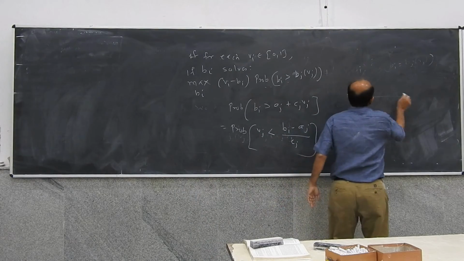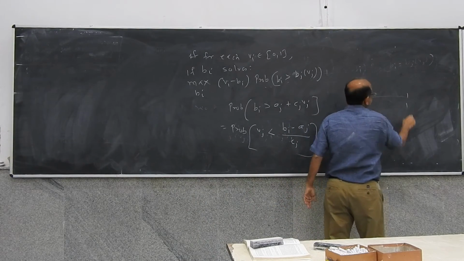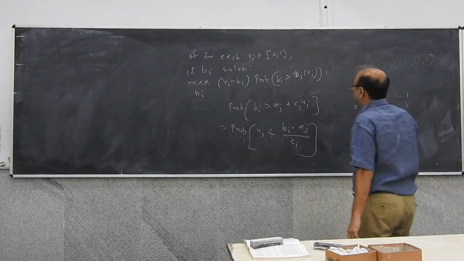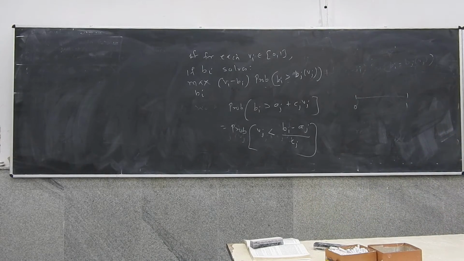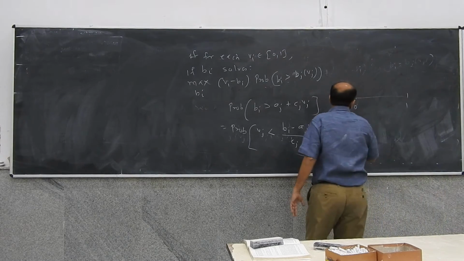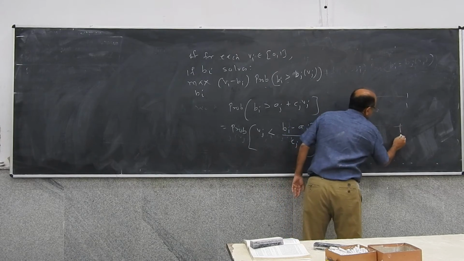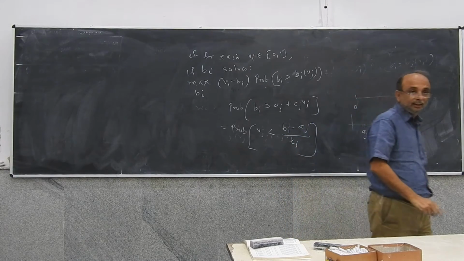Now the point is, if you have a random variable distributed between 0 and 1, what are we really looking for? Bj is distributed between 0 and 1, so Bj will be distributed between Aj and Cj.